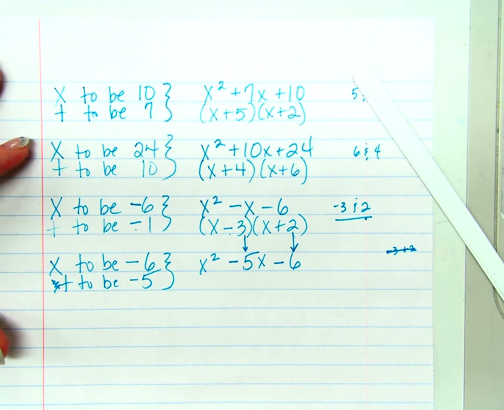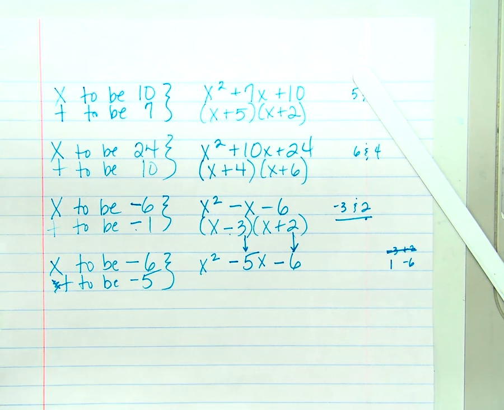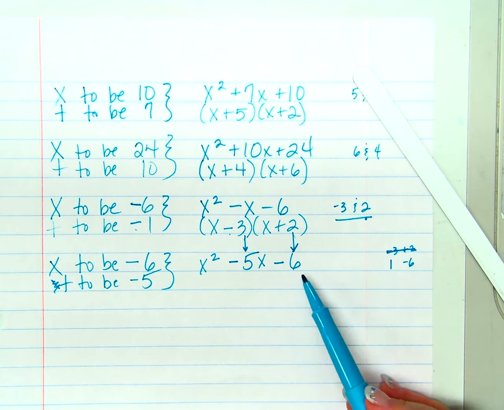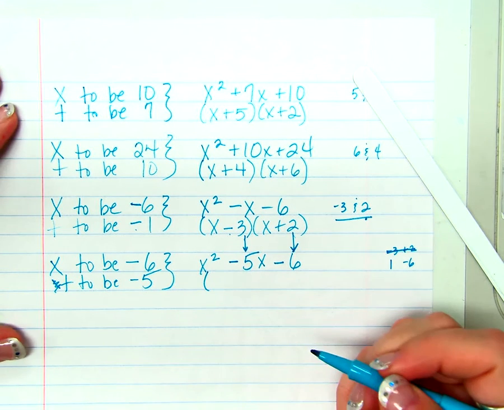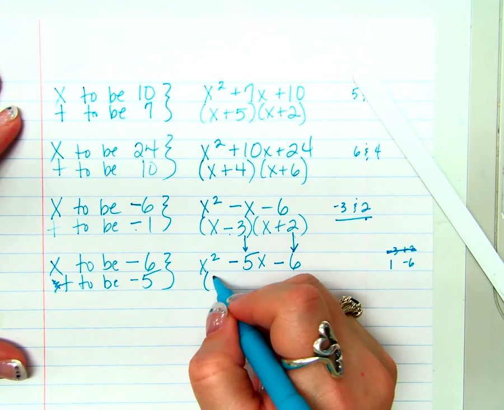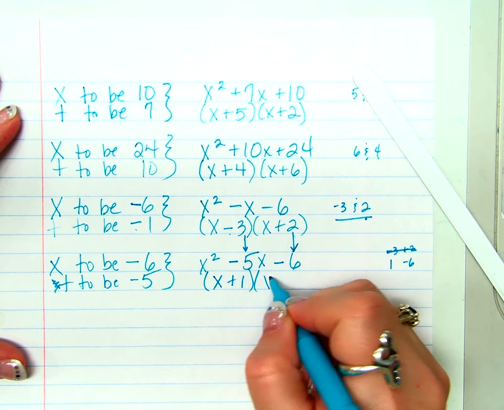You don't have to have two negatives make negative 5. Positive 1 and negative 6. Does that multiply to be negative 6? Does that add to be negative 5? Yes. So what are my two factors? X plus 1, x minus 6.